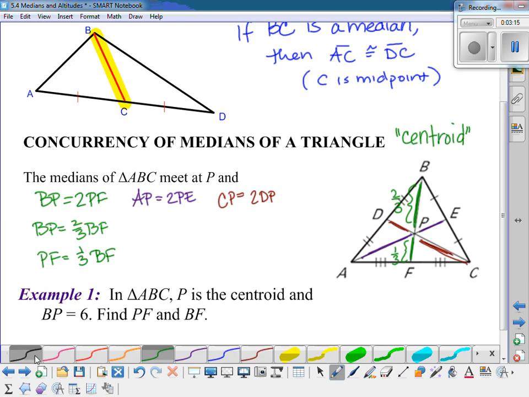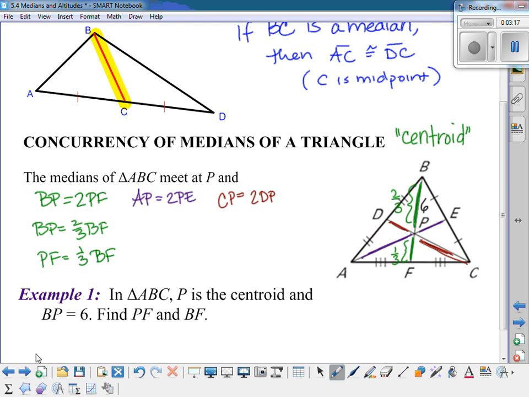In triangle ABC, P is the centroid, and I'm given that BP is equal to 6. And I want to find PF and BF. Well, BP is twice as big as PF, so I know that PF has to be 3. And so then the whole thing is just 6 plus 3, or 9.